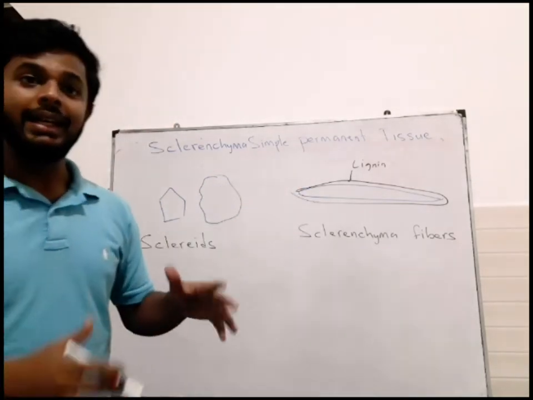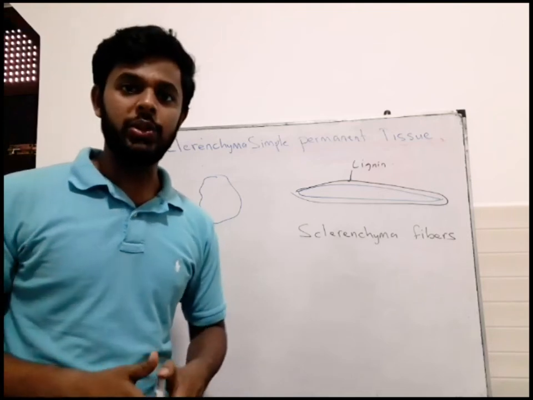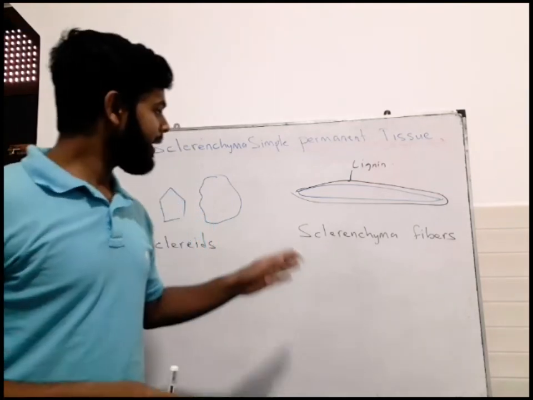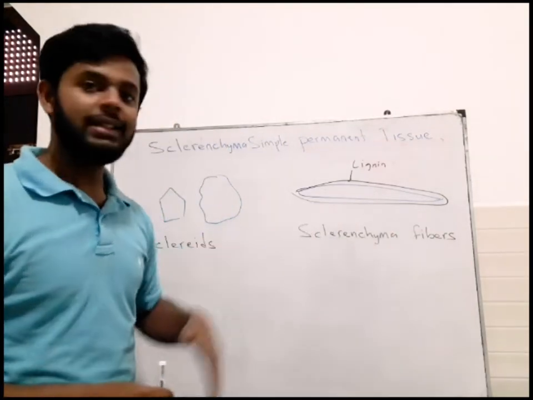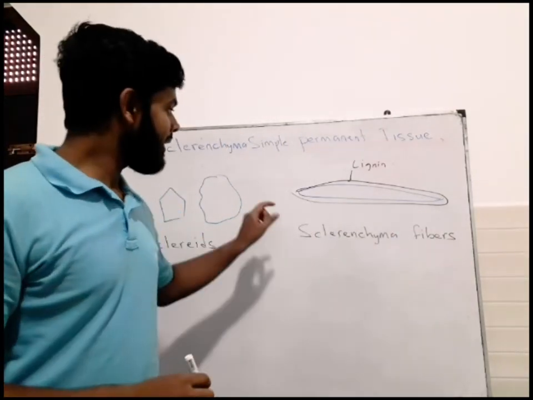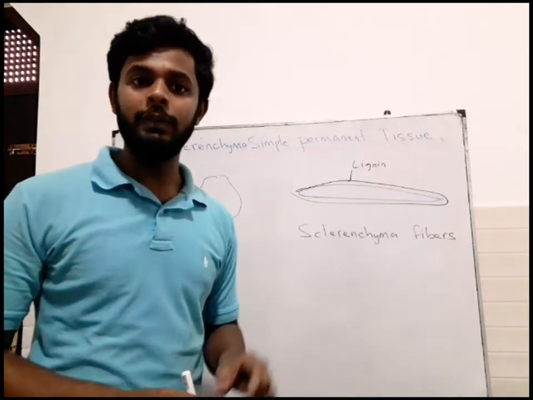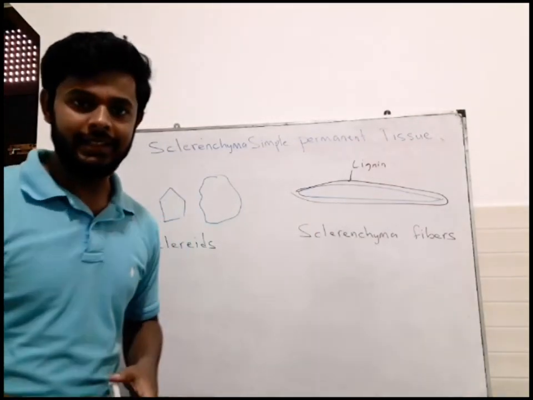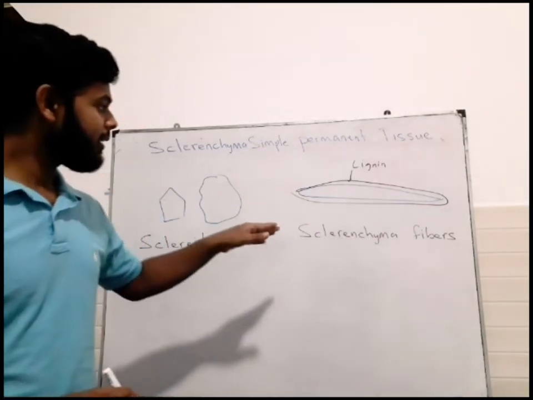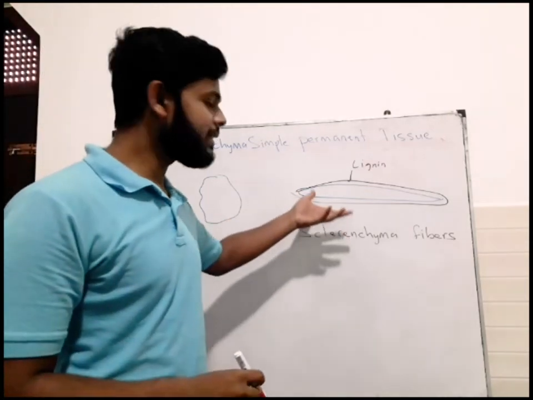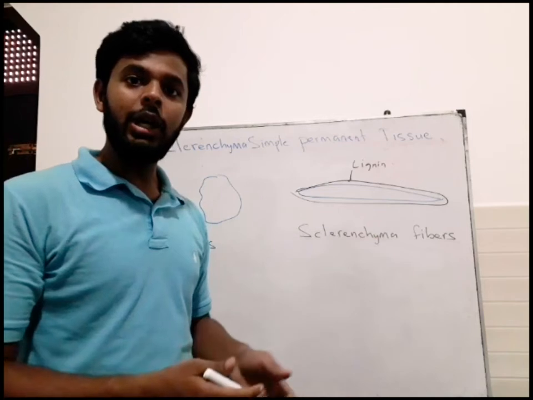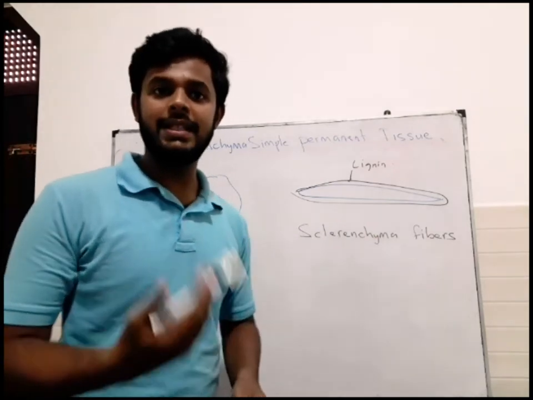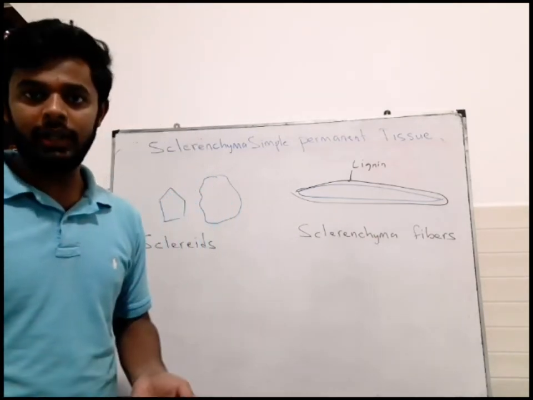Therefore, the cells in sclerenchyma tissue are dead cells, and lignin is evenly deposited on them, forming a uniform cell wall thickness. Since the cells are dead, we won't be able to see the typical cell organelles such as the nucleus, vacuole and others.